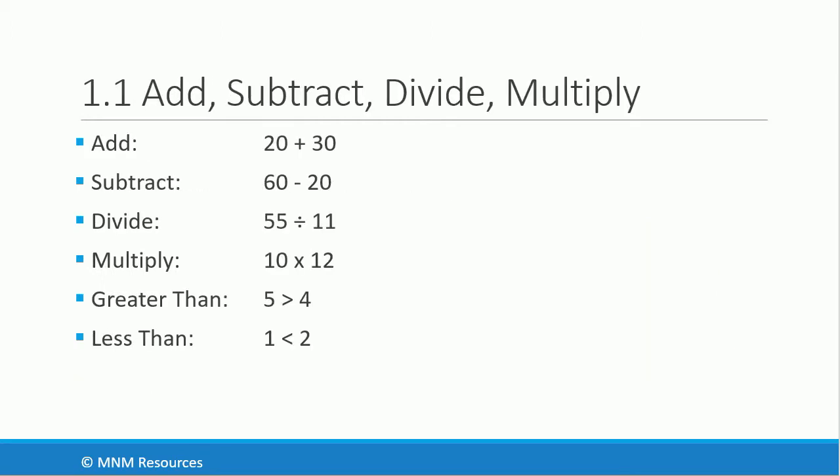The first subtopic under numbers is addition, subtraction, division, and multiplication. These are operators and symbols that you're very familiar with, so we might not spend much time on them. But I do want to touch on two symbols, greater than and less than, which can be confusing to some students. The easiest way to remember what this symbol means is to look at the shape of the symbol.